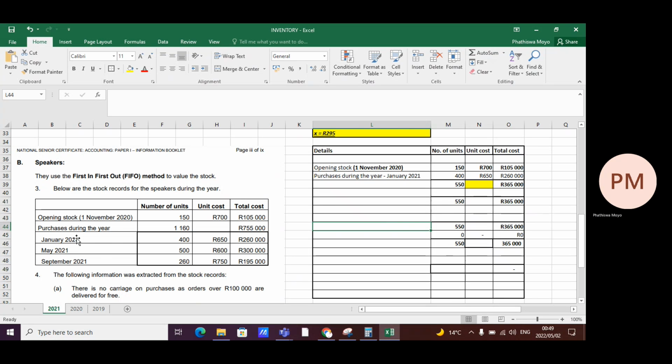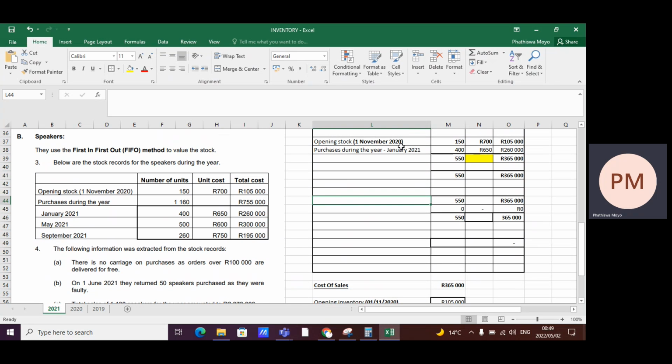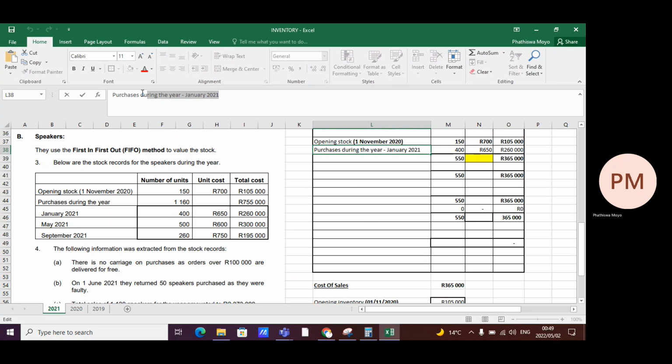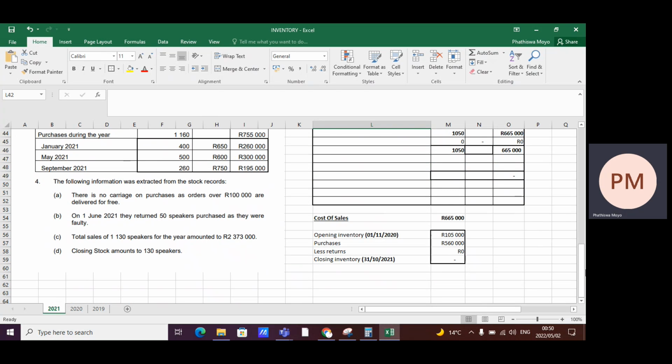Then May 2021. How many? 500. 600. Then they're saying there was the carriage on purchases, so we'll put it at the end.